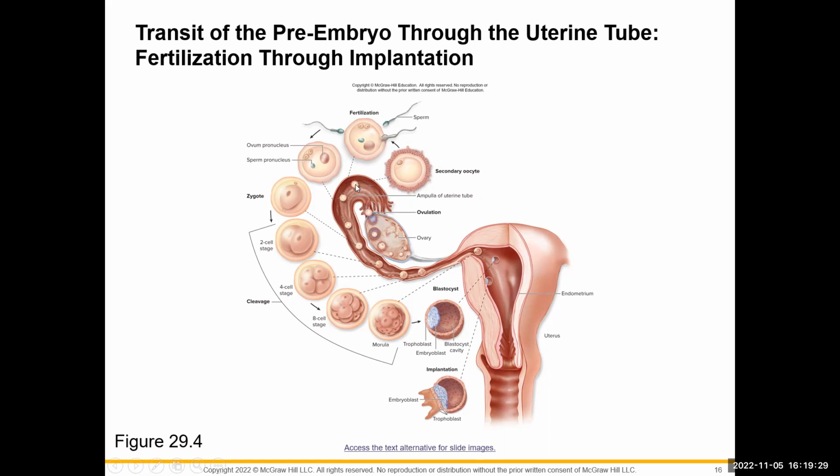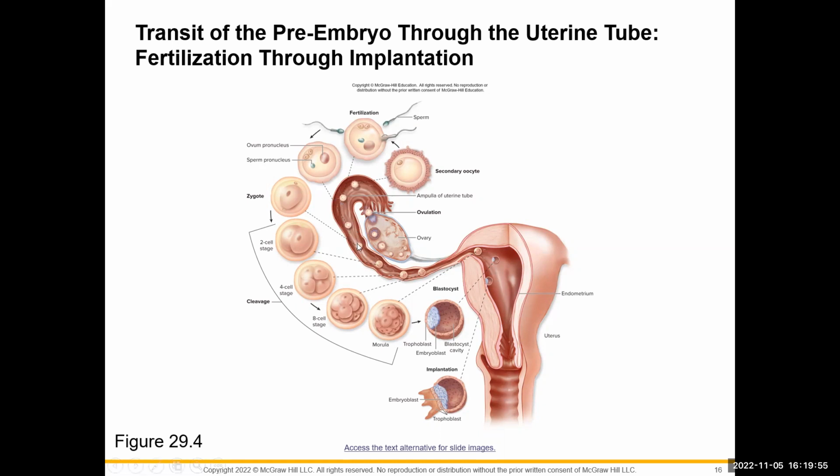Then we see that secondary oocyte start to travel through the uterine tube from the infundibulum into the ampulla. And typically this is where fertilization is going to take place. From there, you've got about a 3 to 4 day journey all the way to the uterine cavity. And that's where we're going to see that cleavage process occur.